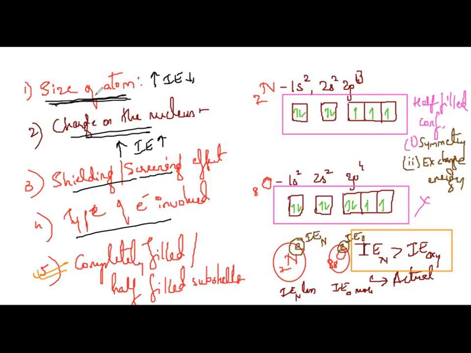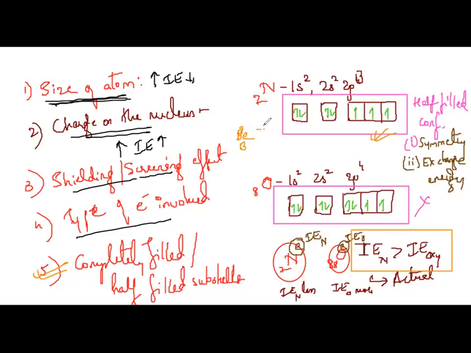Completely filled or half filled subshells. According to Hund's rule of maximum multiplicity, completely filled or half filled orbitals are more stable. Therefore, it is comparatively difficult to remove electrons from these shells. For example, take beryllium and boron.